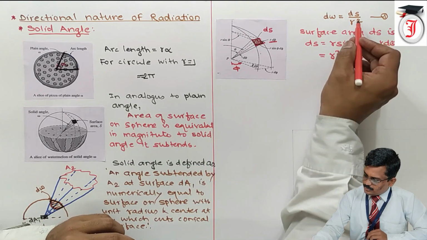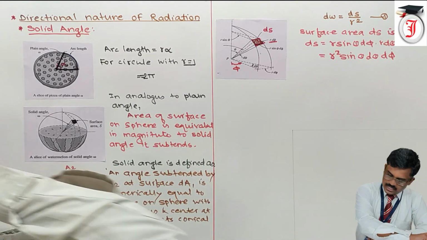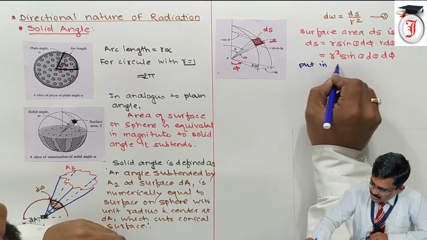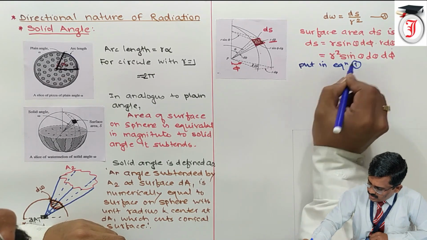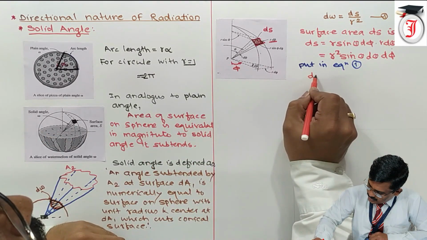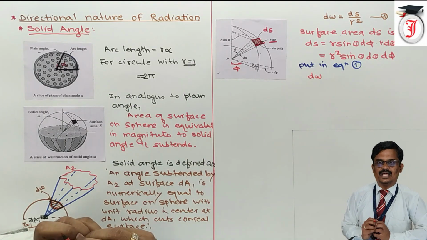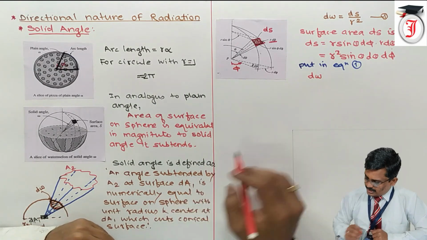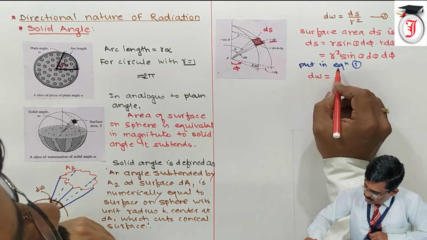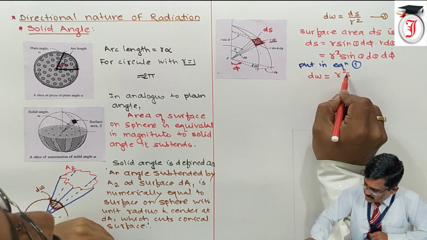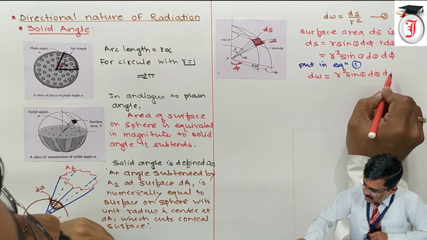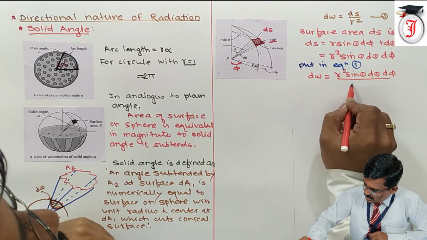Let us put this surface area in equation 1. We get d omega, omega being the solid angle, equal to r square sin theta d theta d phi upon r square.